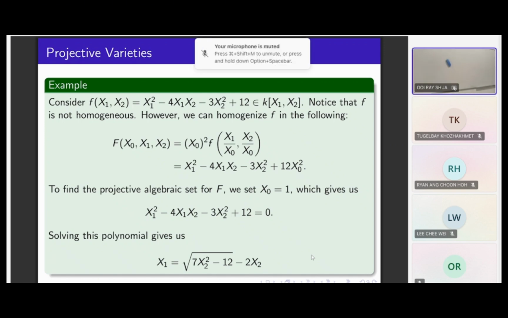The interesting thing is that we homogenize it, like how we do. Let me write it out again.